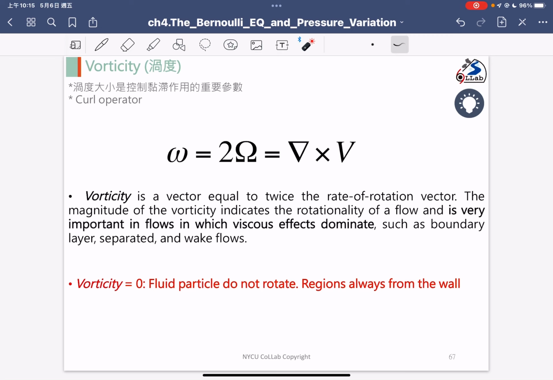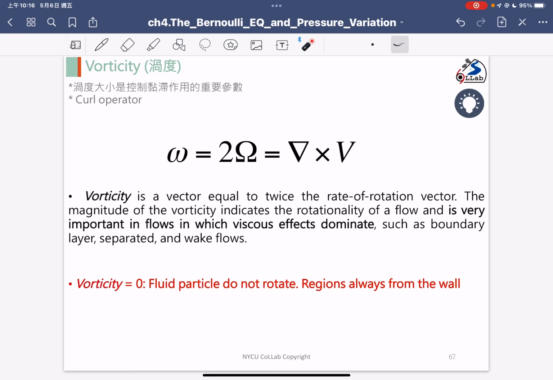As I mentioned, the vorticity is very important and associated with the viscosity effect. So if your fluid particle is much closer to the boundary, the viscosity effect would be very important. If your fluid is far away from the boundary, there is no viscosity effect.